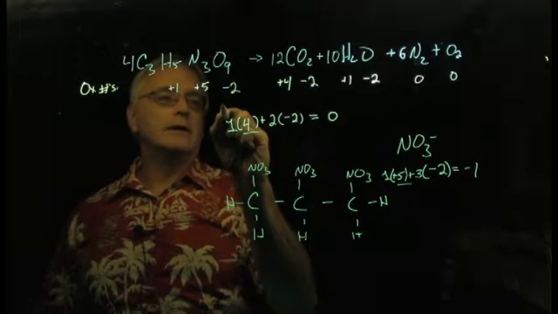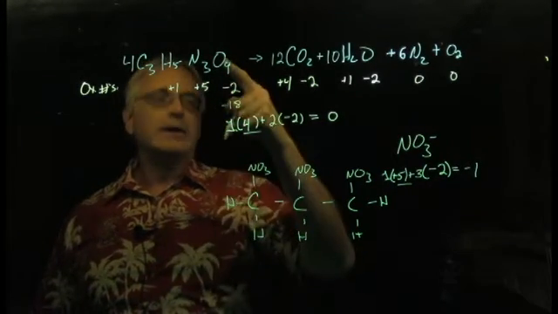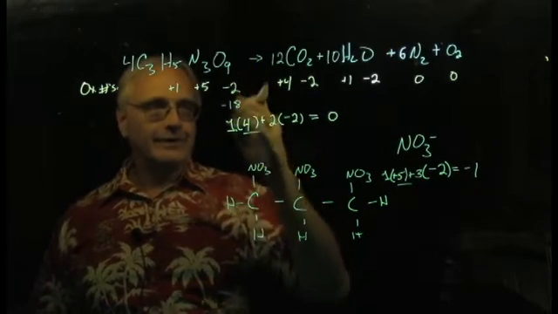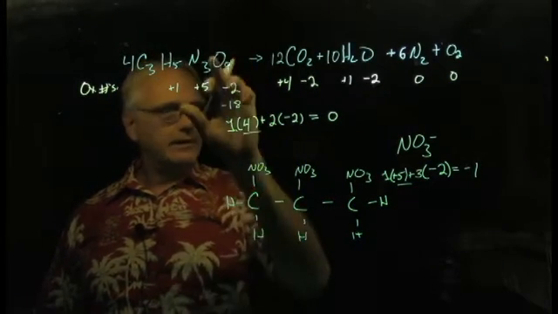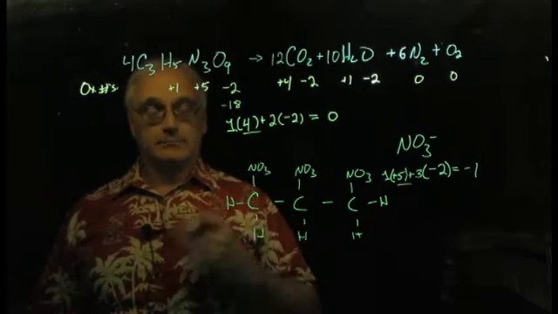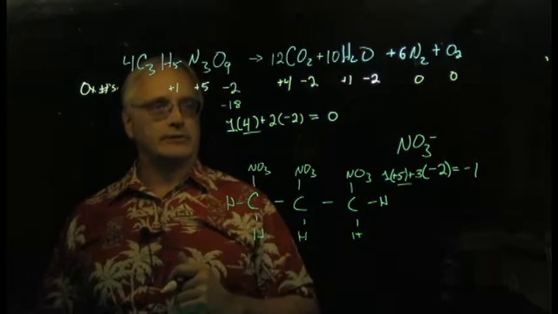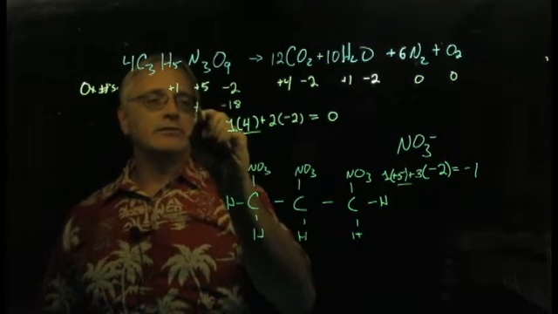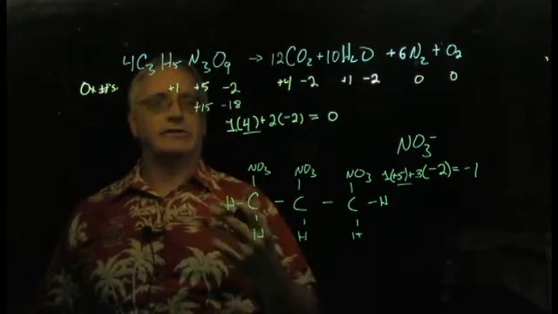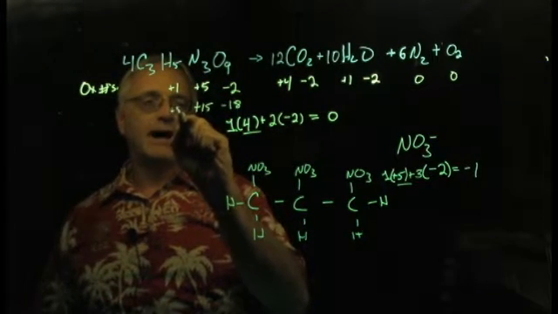There's a total of -18 negative charges or negative oxidation numbers associated with the oxygens. Same thing here. +5 is the oxidation number of nitrogen. There are 3 per nitroglycerin molecule, +15 associated with the nitrogens, 5 hydrogens +1, +5.